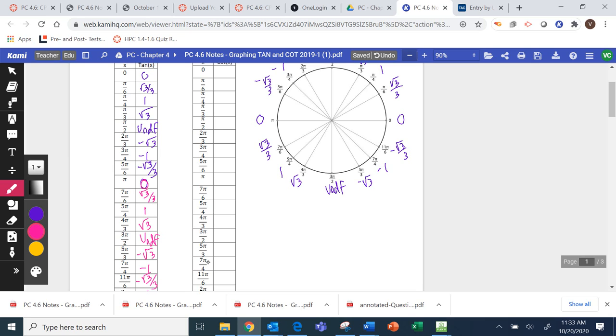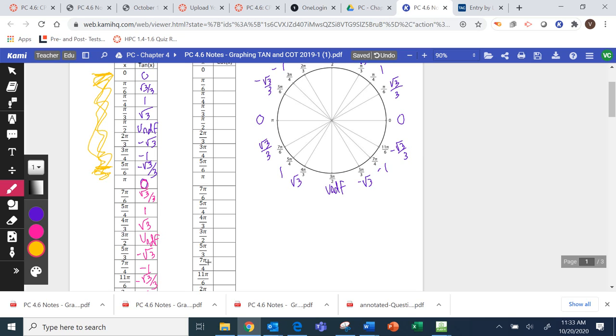But what I need for you to notice is that if I start at 0 and I go to pi: 0, radical 3 over 3, 1, square root 3, undefined, negative square root 3, negative 1, negative square root 3 over 3.